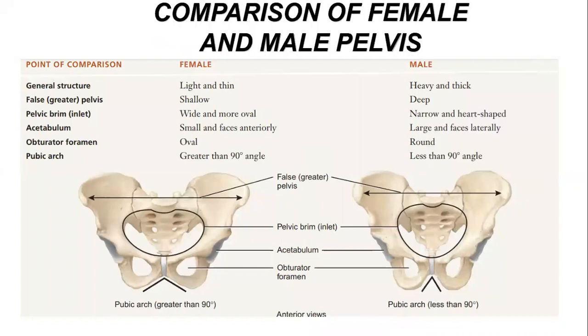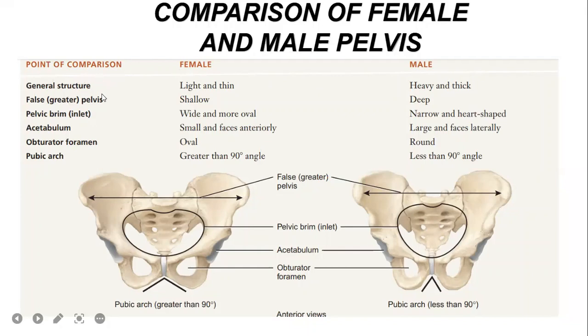So we have another topic of discussion whereby we will compare the female and male pelvis. Let's consider this in a little while so that you can understand what it entails. We have the general structure for female and male, and then the point of comparison.